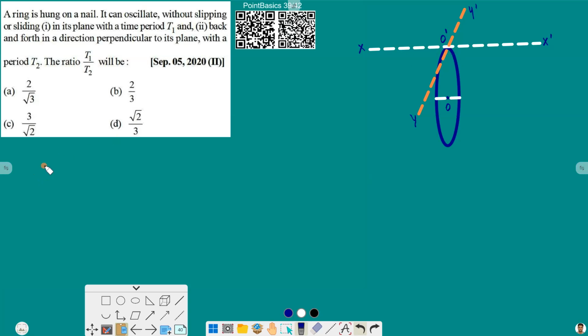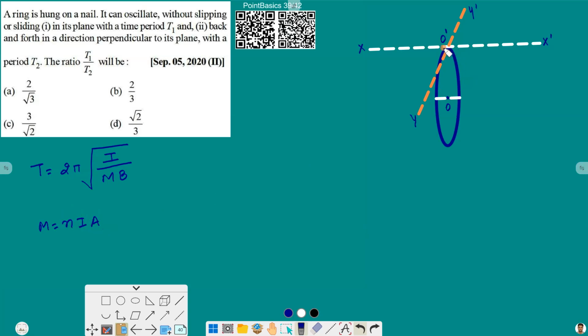We know that time period for an oscillating magnetic dipole inside a magnetic field is given by 2 pi root of I, moment of inertia, divided by magnetic dipole moment M into B, where B is the magnetic field. So magnetic field is constant and M is constant because M is N times I times A, where N is the number of turns, I is the current, and A is the area.